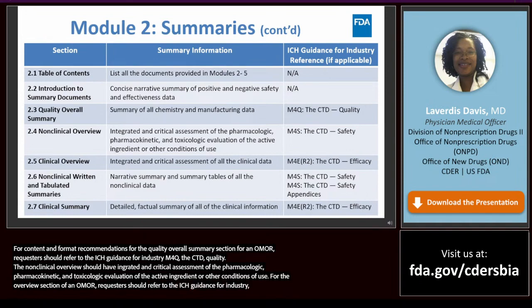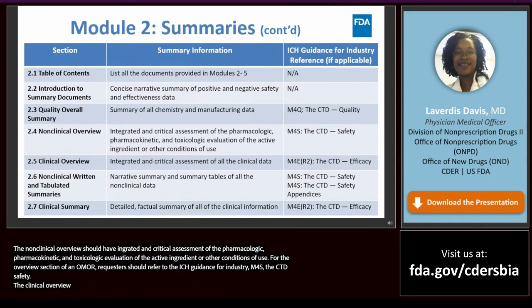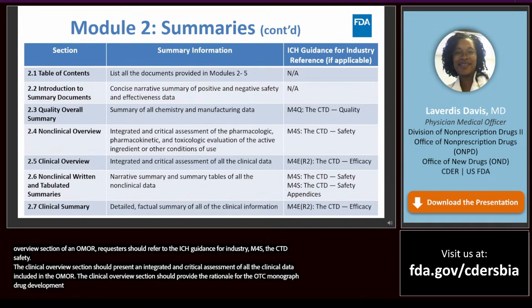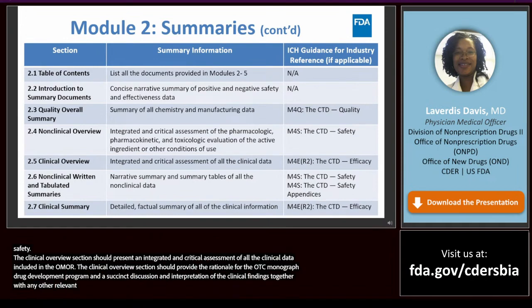The clinical overview section should present an integrated and critical assessment of all the clinical data included in the OMOR. The clinical overview section should provide the rationale for the OTC Monograph drug development program and a succinct discussion and interpretation of the clinical findings together with any other relevant information necessary to present the conclusions and implications of the data.